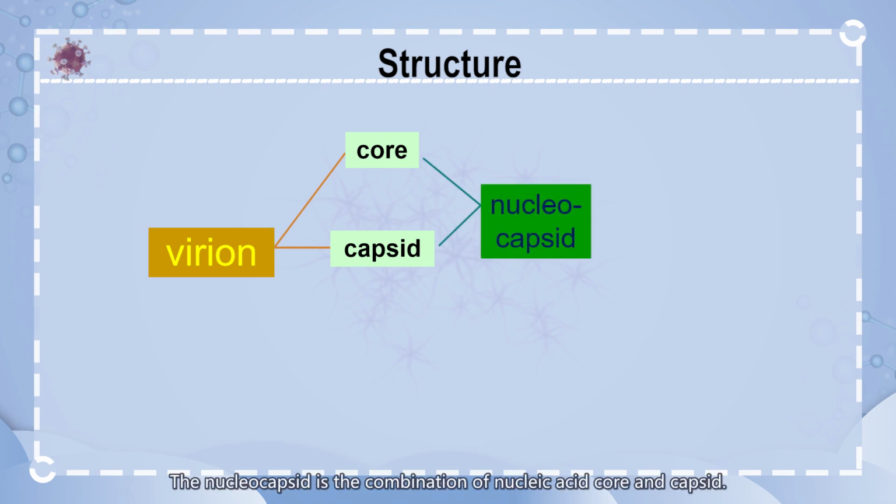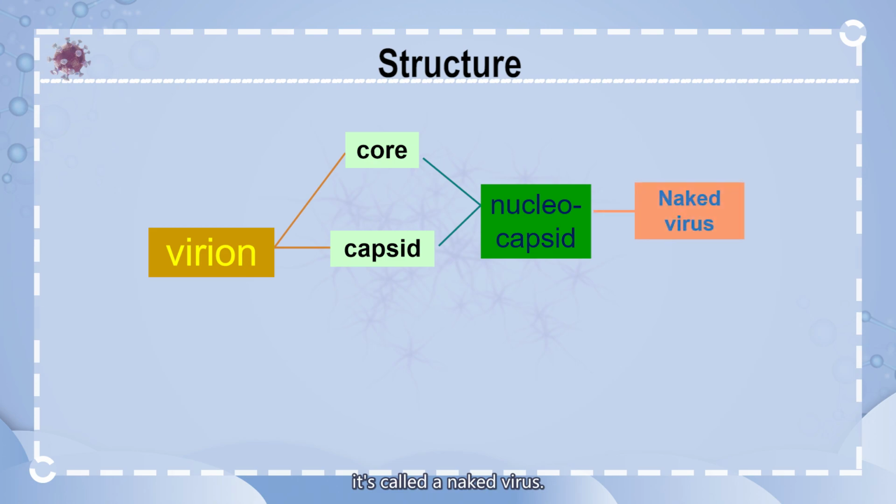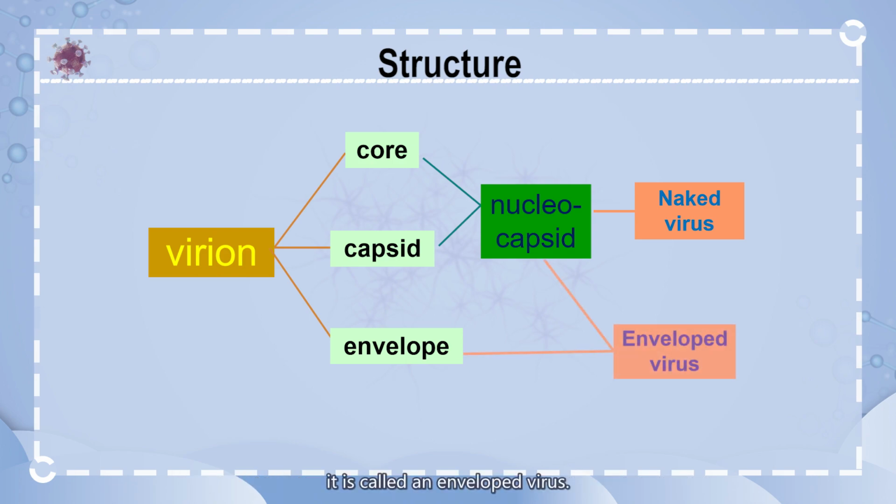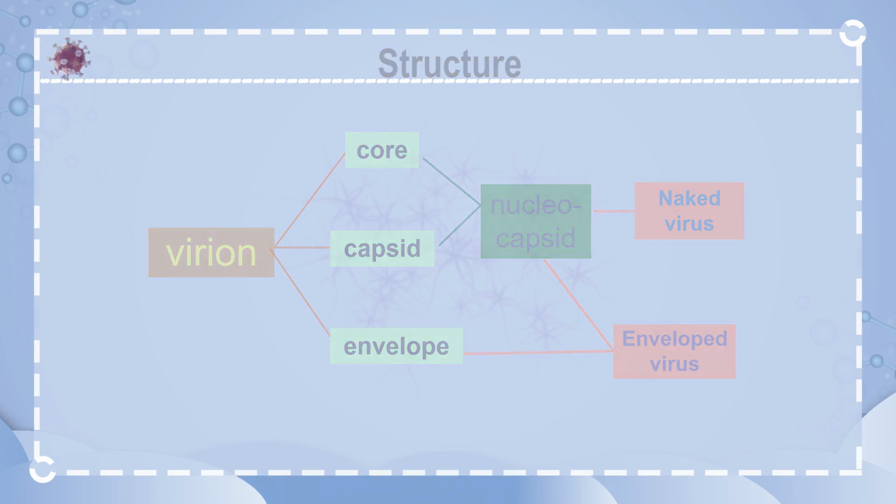The nucleocapsid is a combination of nucleic acid core and capsid. Some viruses are enclosed within an envelope. If the virion only has a nucleocapsid, it's called a naked virus. If the virion includes the nucleocapsid plus the surrounding envelope, it's called an enveloped virus.